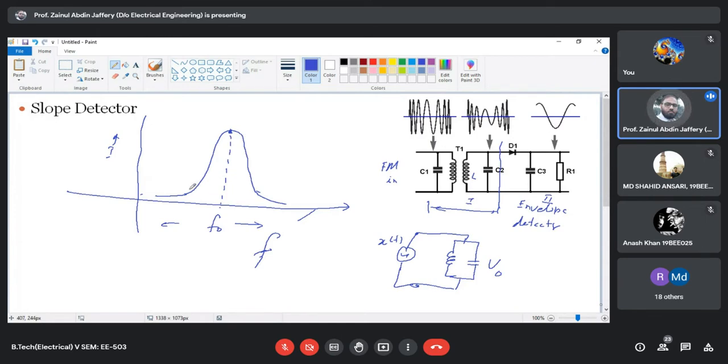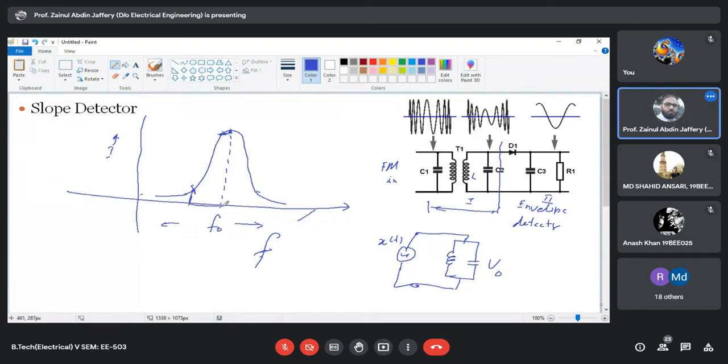Now both these circuits are similar. If you take these two regions, they are the linear regions in fact. Let us take this region as well.